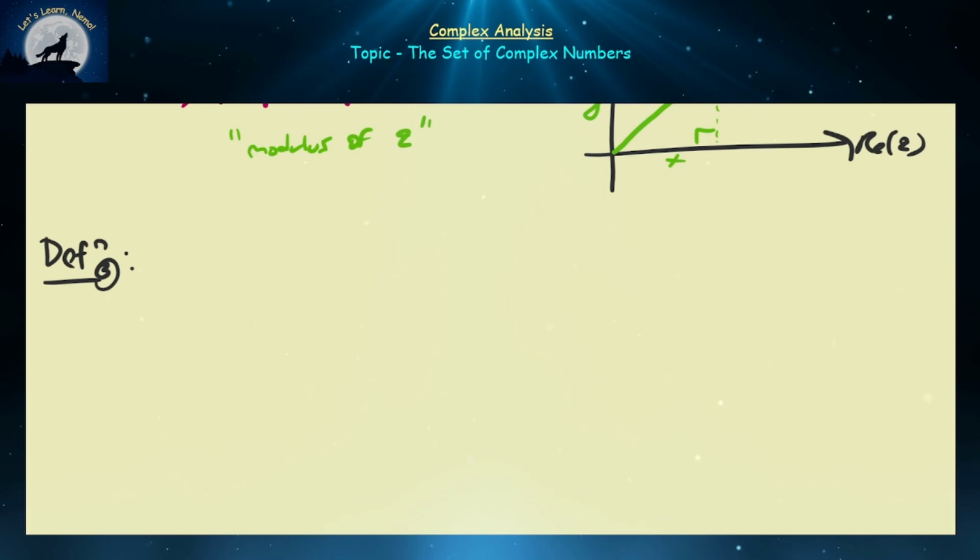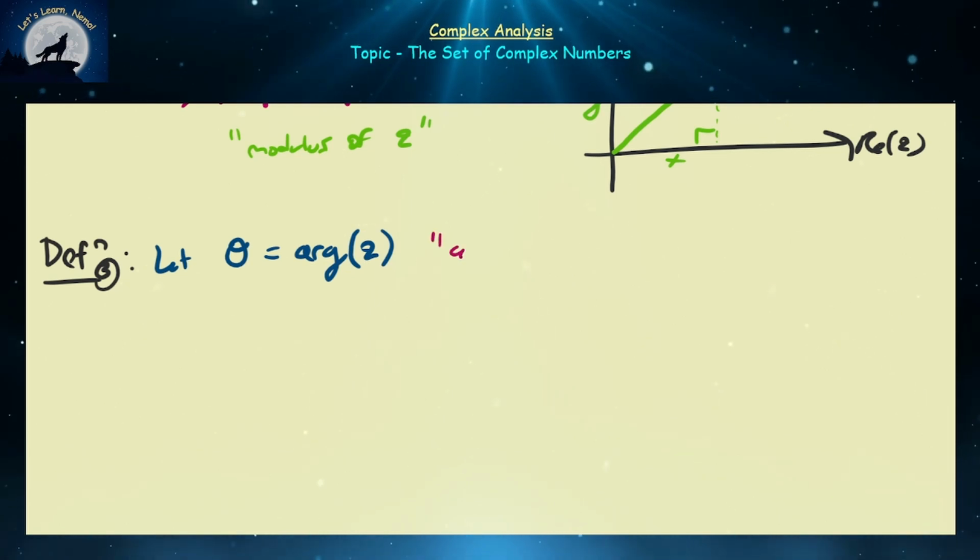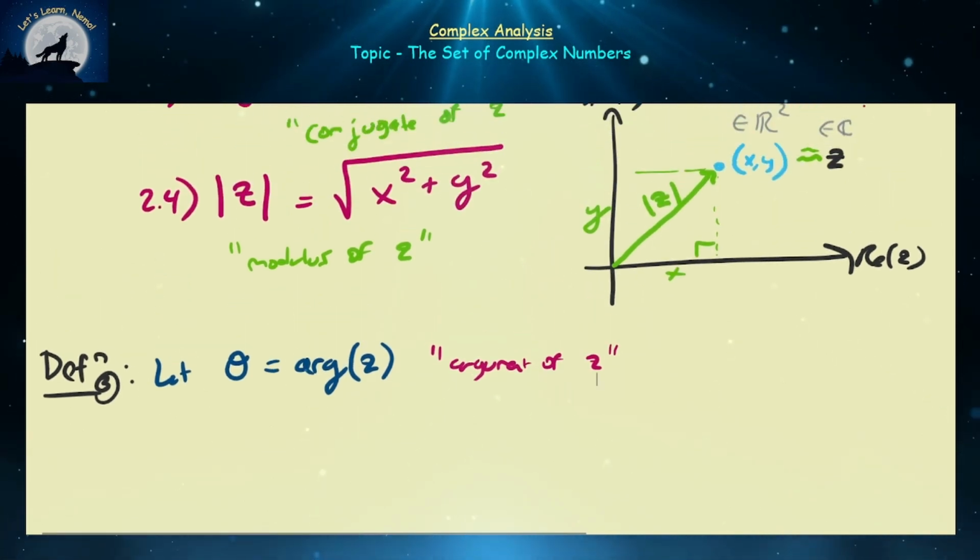And what we're going to do is we're going to let theta be a shorthand version for arg of z. So this is going to be representing the argument of the complex number z. So if we sort of go back up to this picture, theta is going to be this angle right here, the angle that that associated vector makes with respect to the horizontal or real axis.